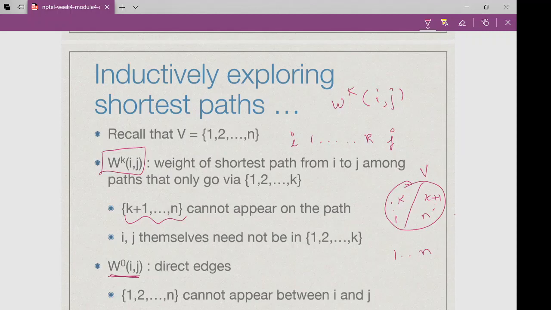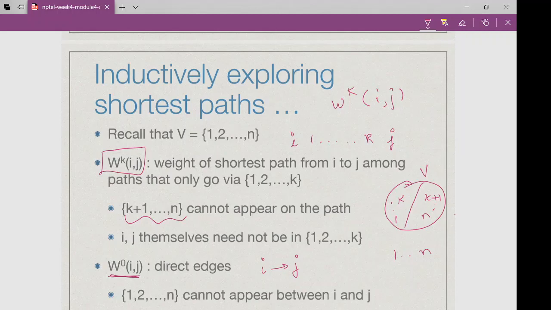So no vertex can appear in between, which means there is a direct edge between i and j. If there is a direct edge between i and j, we take its weight, and W_0(i,j) represents that weight.